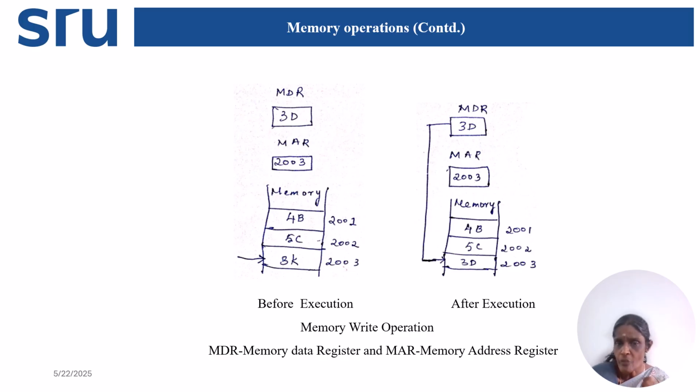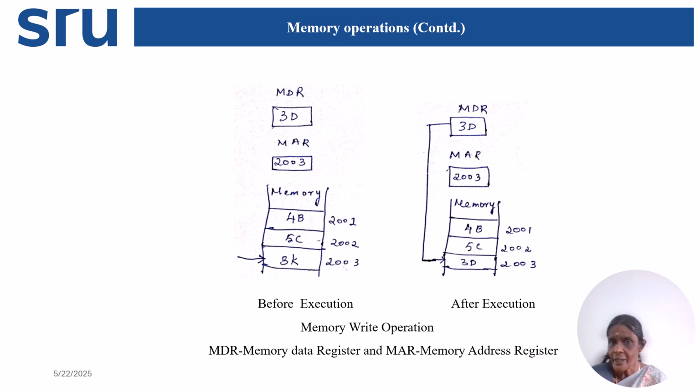Now I want to write this data into 2003. This is the write operation. In the memory location 2003, whatever data was available previously will be deleted. It is removed. Now I want to write.